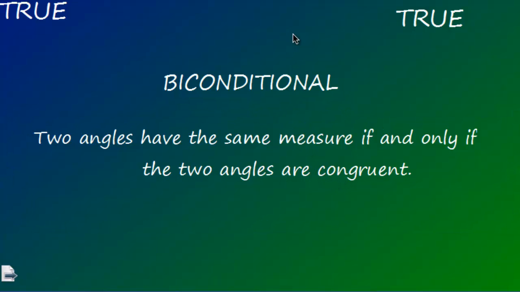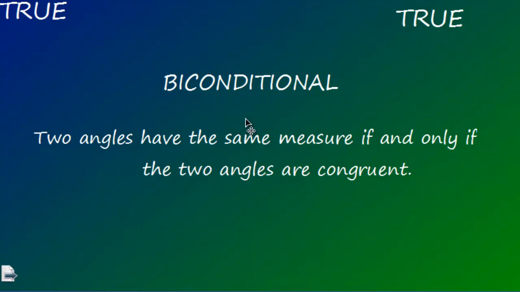So we talked about combining these into one, but actually we're just taking the first, the original conditional. We're taking out the word if, and we're taking out the comma and the word then, and right here we're placing in the phrase if and only if, and this is what we consider a biconditional. And it says that the conditional and the converse are true. So no matter how you read it, both are going to be true.